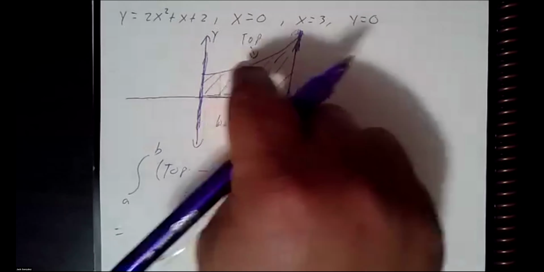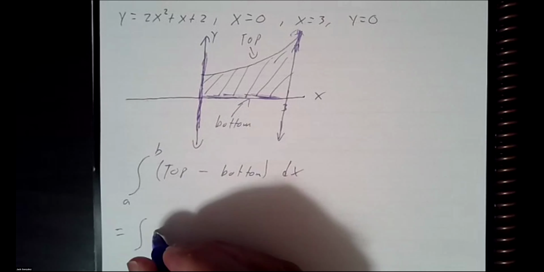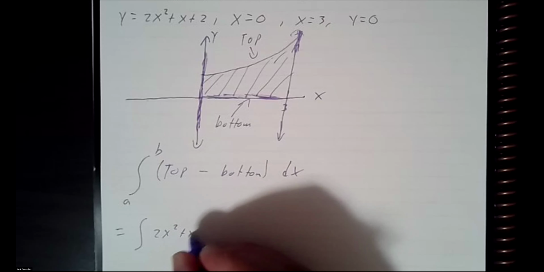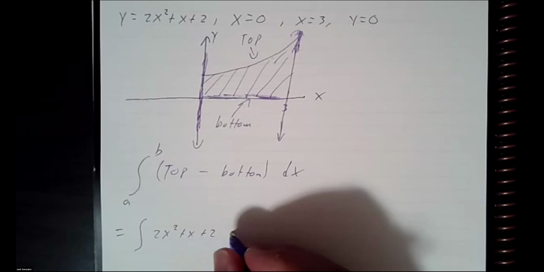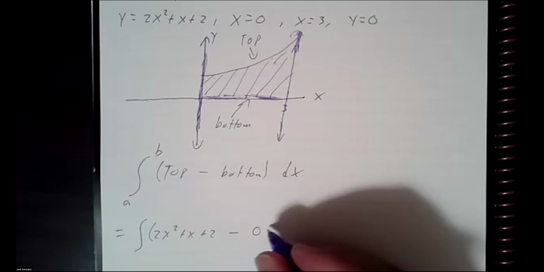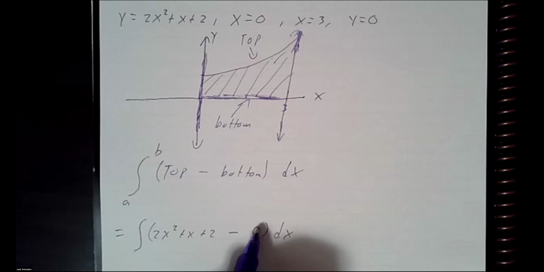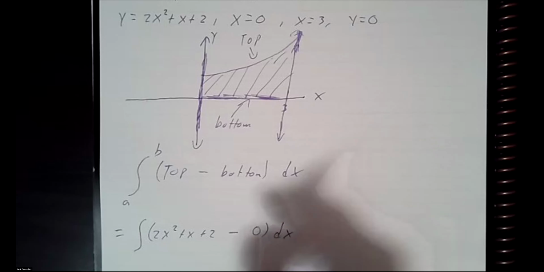Okay, so the top is the parabola equation. The bottom is y equals 0, so just put a 0. If it was another function, you'd subtract that other function, the entire thing in parentheses.